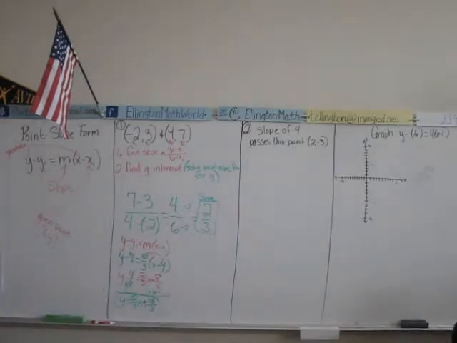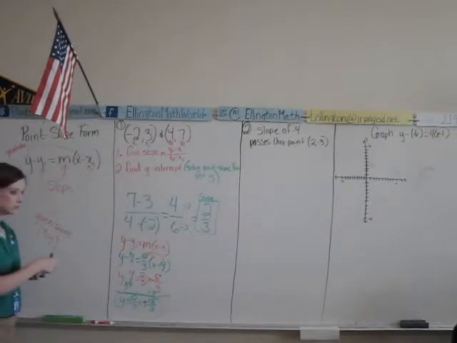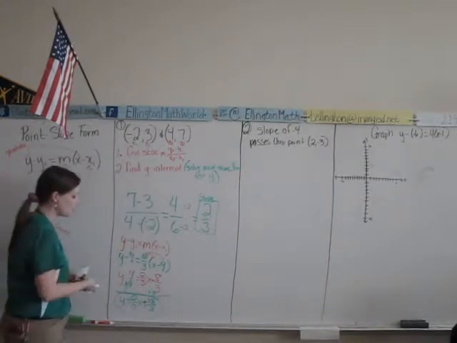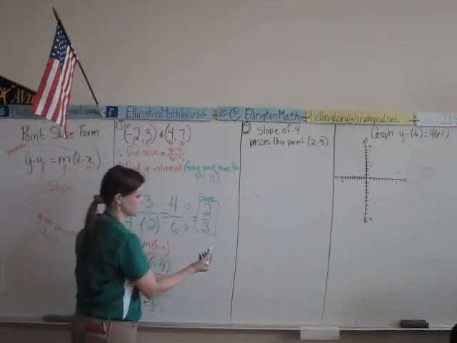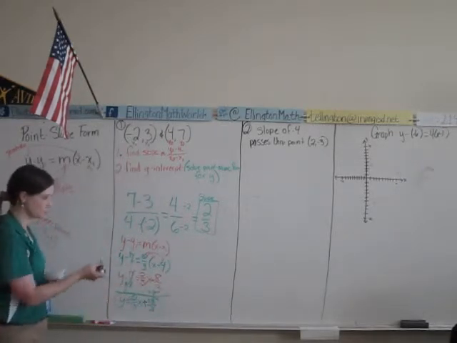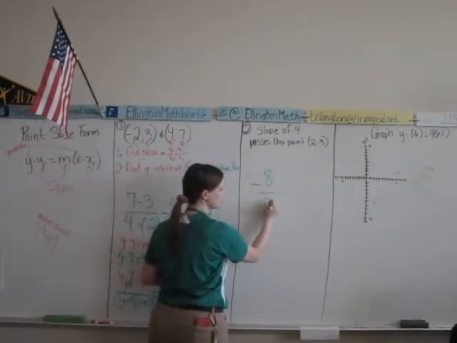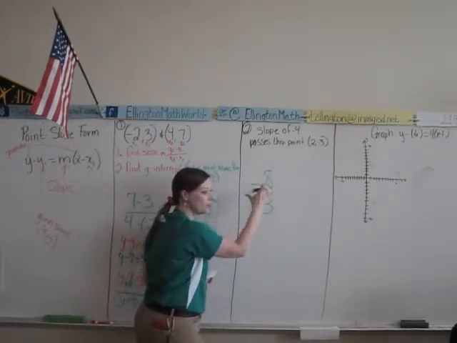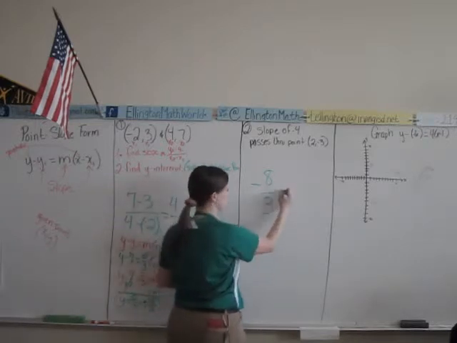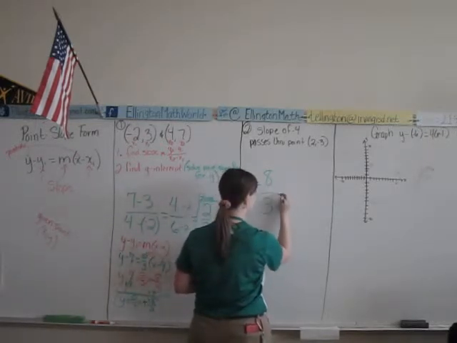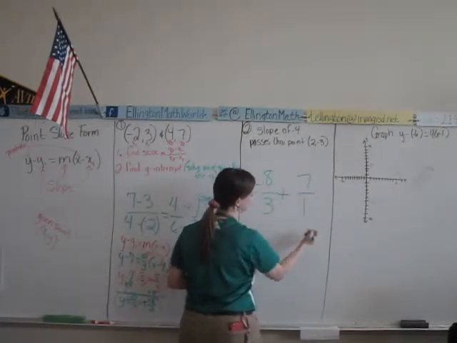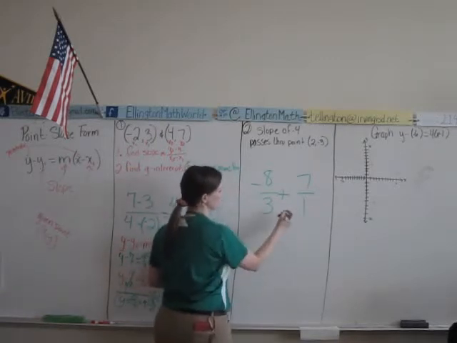How do you get this 13? Isn't it 8 plus 7? It's negative 8 over 3. Okay, but honestly, this is where you use a calculator. You always get a calculator, so that's why you need to use it. Plus 7 over 1. You find a common denominator, which is 3.